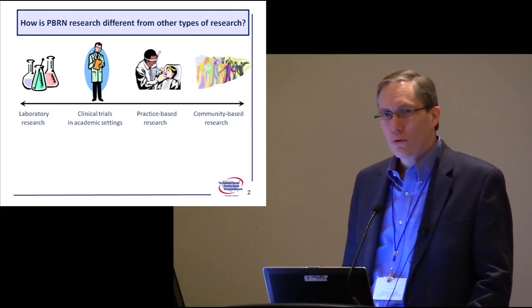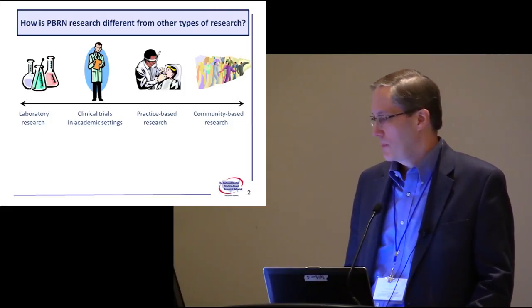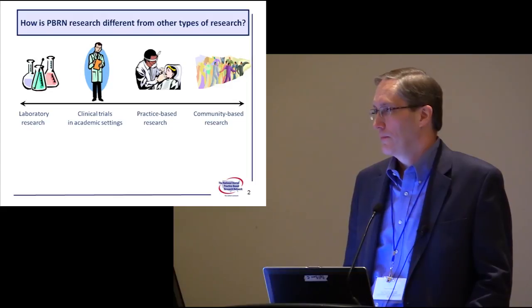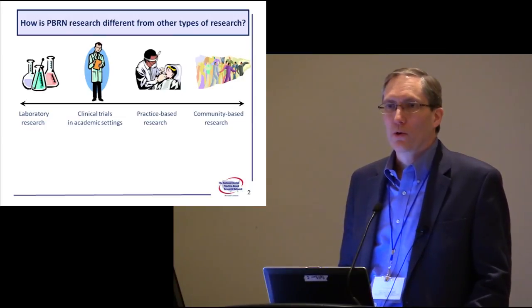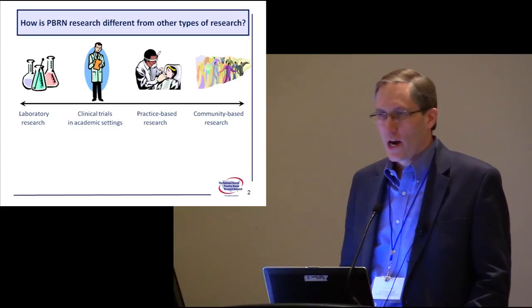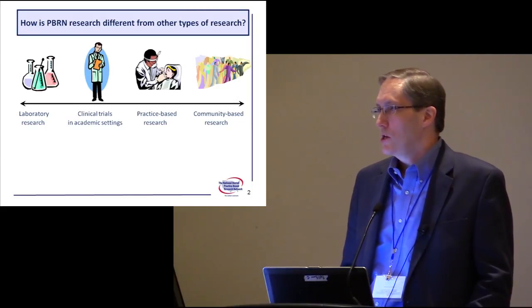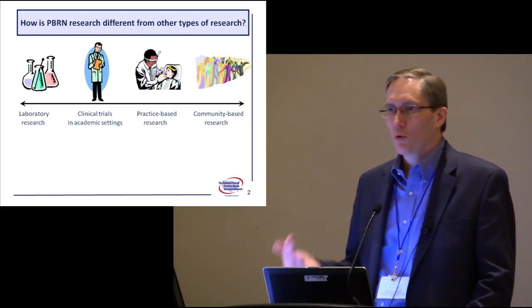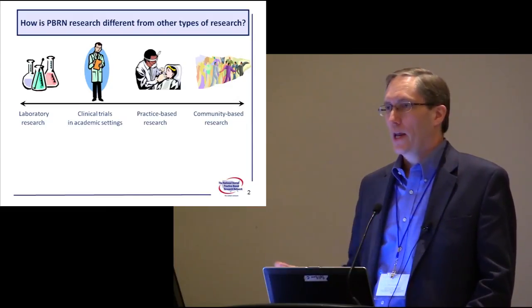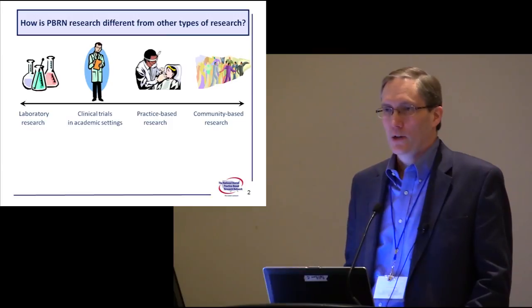If you want to investigate effectiveness, then do it in the PBRN. By effectiveness, we're investigating, does the intervention work under real-world conditions where just about everyone receives their care? So real-world conditions, the typical conditions, the typical patients, the typical financial and operating constraints.